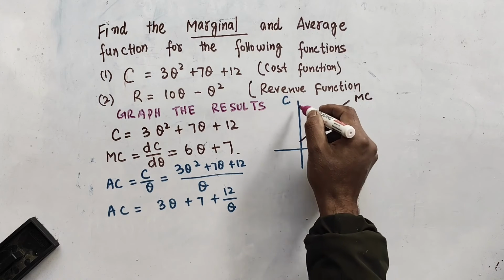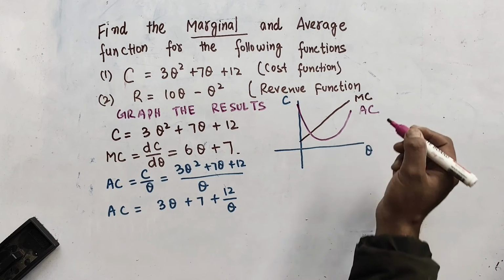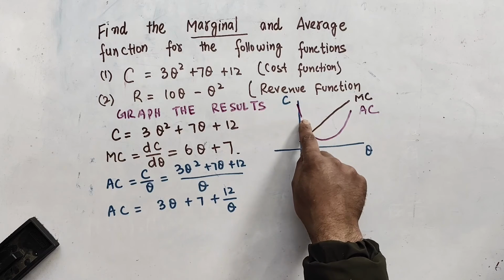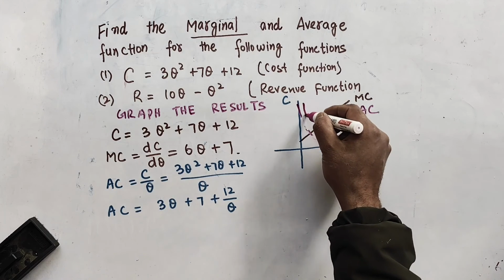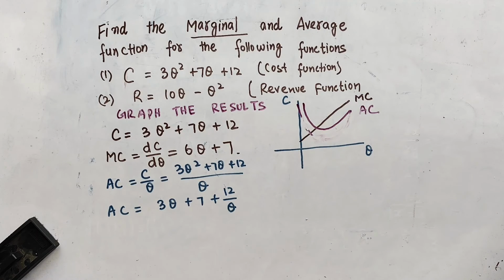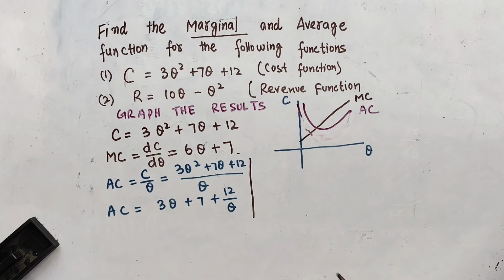So it should look like this. This is our average cost function. Rather, if I draw it, it should look like this, average cost function.